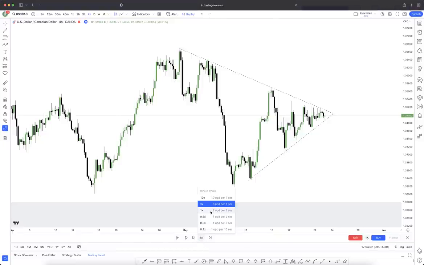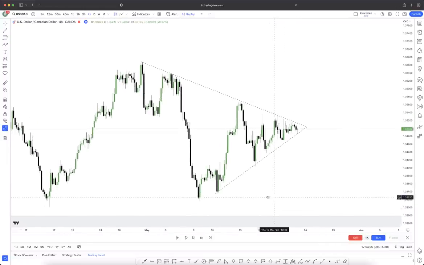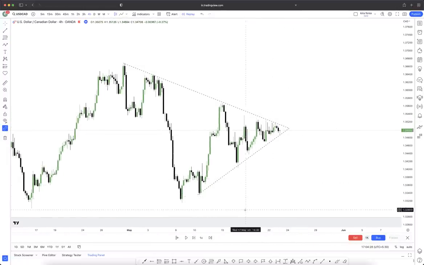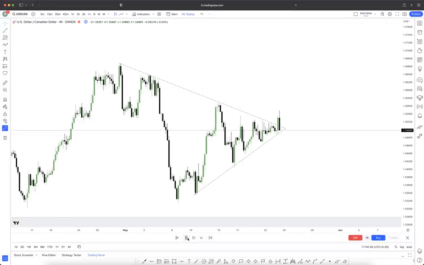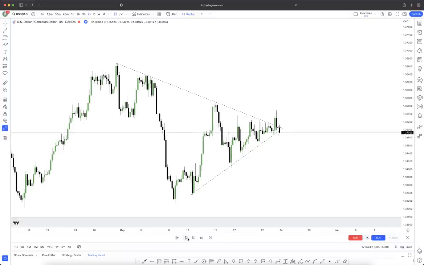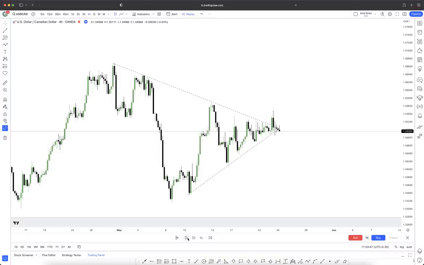So let's see the reaction of price on the bullish symmetrical triangle. Let's see how price reacted around this area. As you can see, wow. You can see what's happening around the trend line.